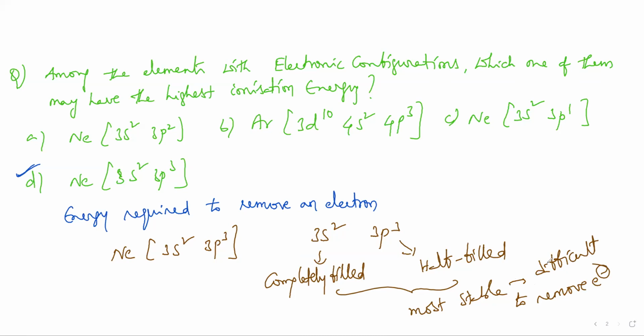So this is why the fourth option requires the highest ionization energy. Because they have completely filled and half filled electronic configurations, which are more stable, it is very difficult to remove electrons from those orbitals. That is your answer. So the correct option is D.